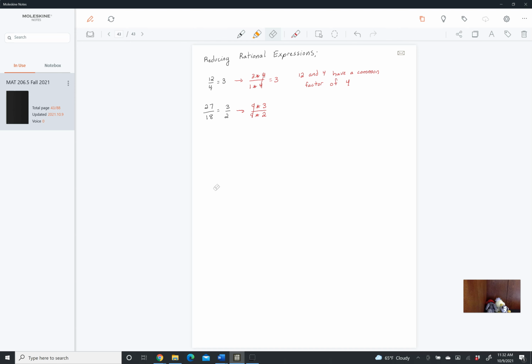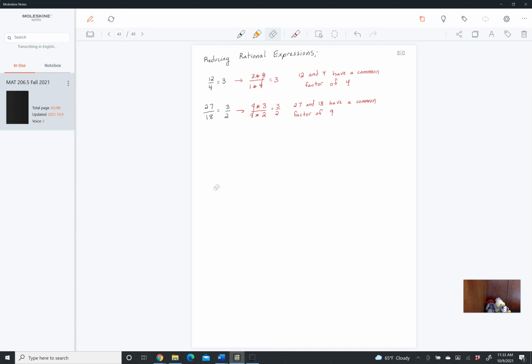The 9s will go away, and we have 3 and 2. So 27 and 18 have a common factor of 9. So we're looking for common factors that we can then cancel out.